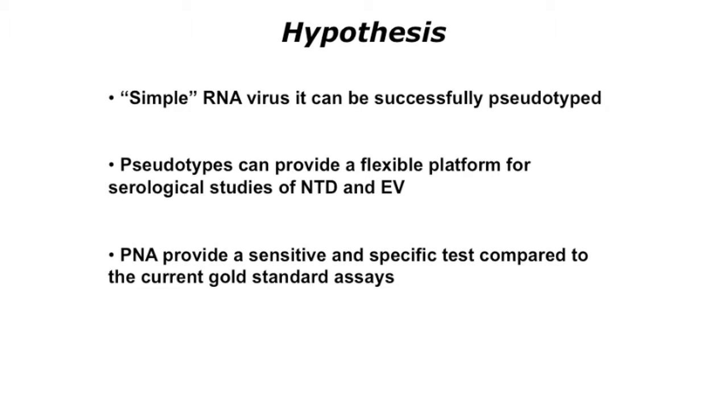When we first came up with the idea, the questions we wanted to answer were: was it possible to pseudotype some of these simple RNA viruses? Pseudotypes, or viral vectors, have been used widely in gene therapy applications on a limited number of viruses, but was it possible to adapt this technology and to enable the study of, as I said, emerging and neglected viruses?